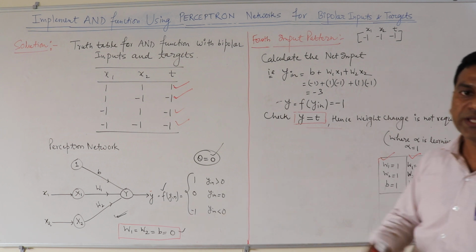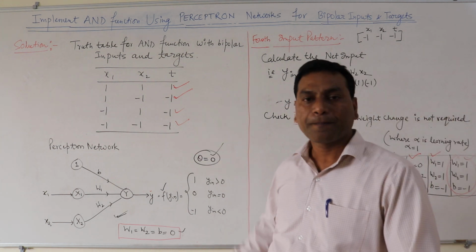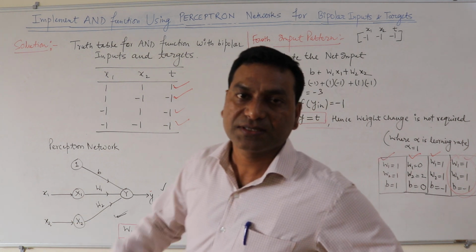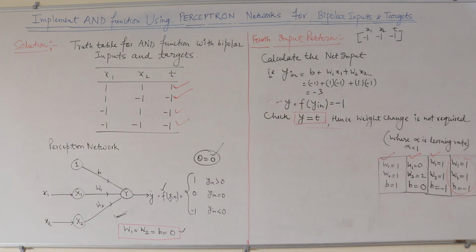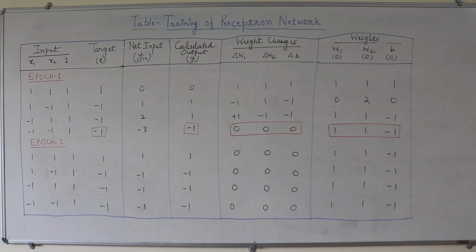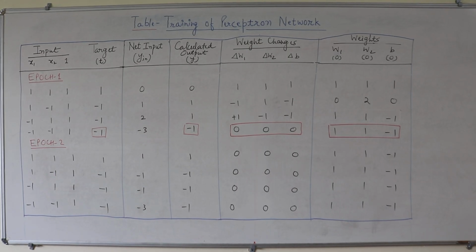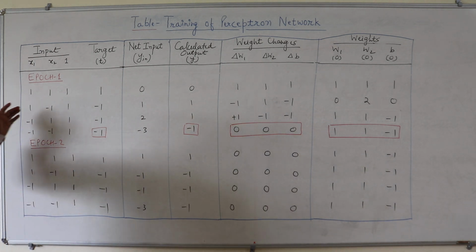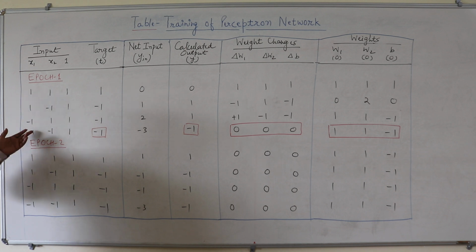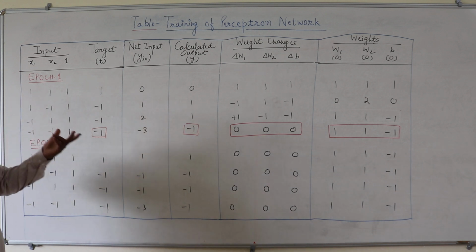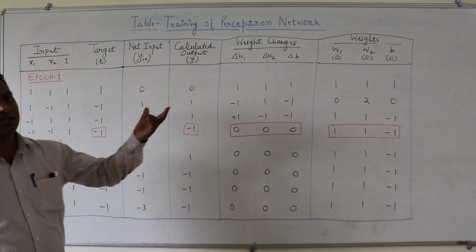So now we can see this by using the table. From the table we will see. After submitting all the 4 input values, we have achieved some final weights.